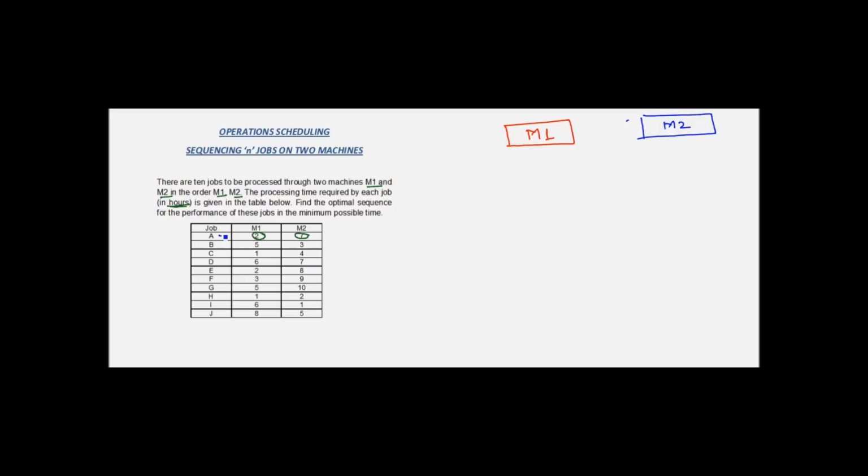That is, we'll first process A, then B, then C, then D, then E, and so on. So for M1 we'll have in and out, and for M2 also we'll have in and out.